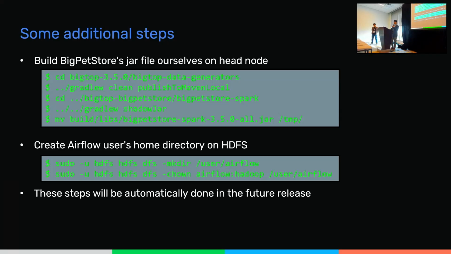At the time of Bigtop 3.5, a few additional steps are needed to run the BigPetStore DAG. We need to build the BigPetStore jar file on our own and create Airflow's home directory on HDFS to run the Spark job as the Airflow user. But these steps will be automated in future releases.